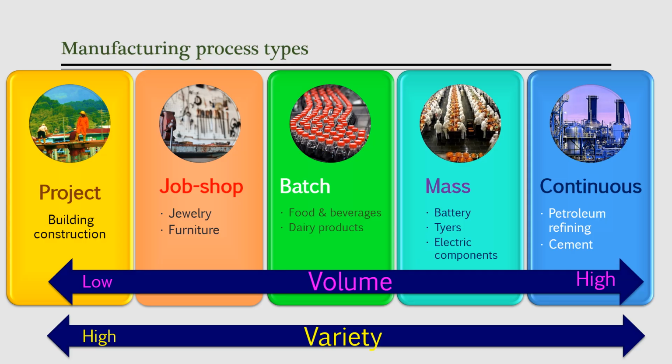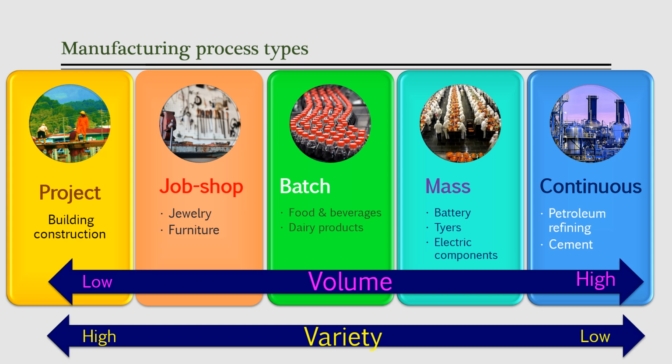When it comes to the continuous production process, continuous production manufacturing is going on, and the outputs come at different stages, such as in petroleum refining. You can see the gases, the petroleum, then the kerosene, tar, likewise.